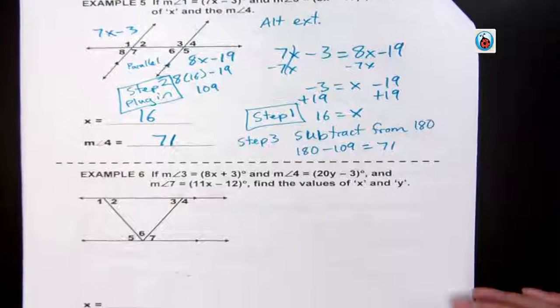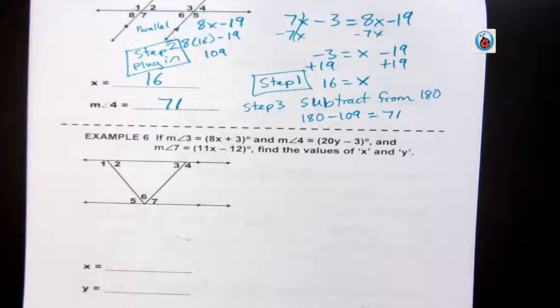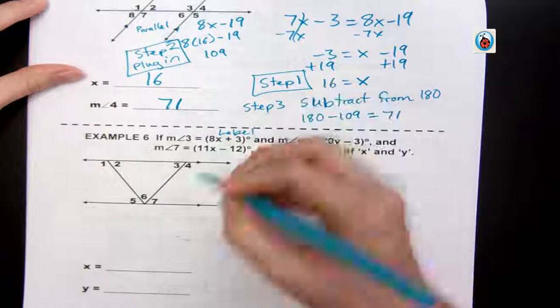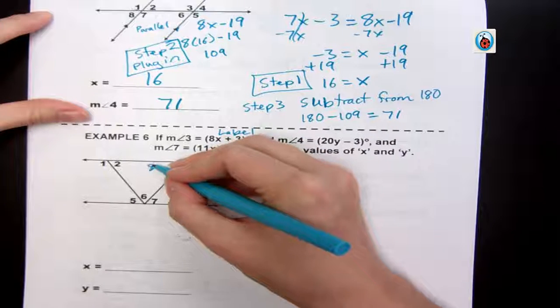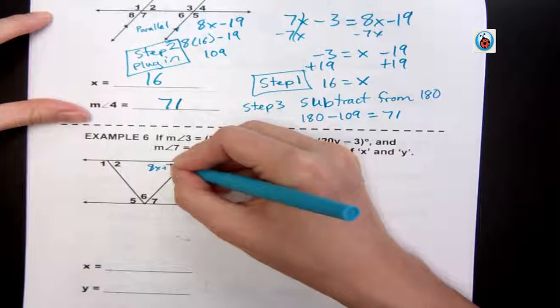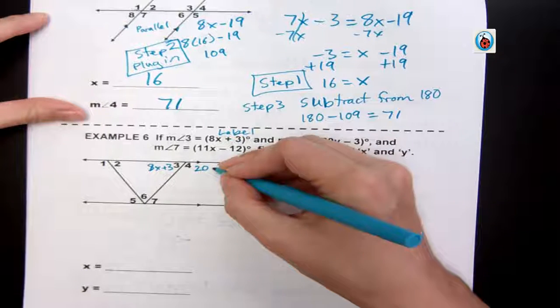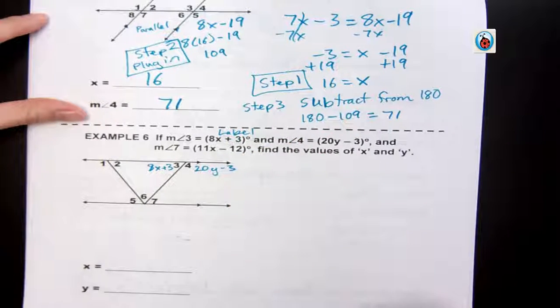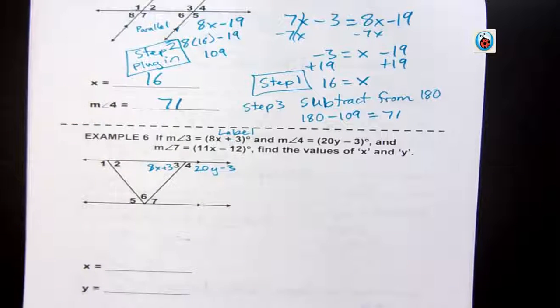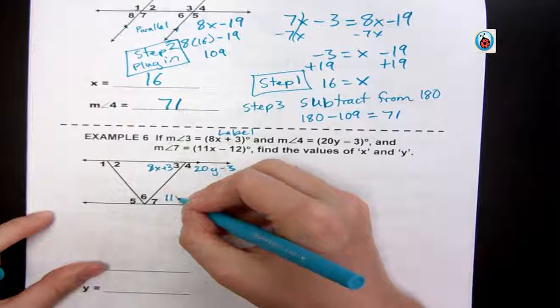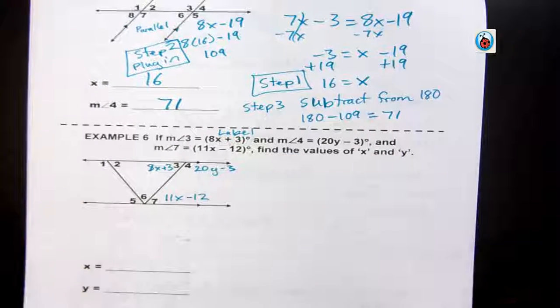Alright, last one. This one is almost the same thing, but they gave us a few more numbers here. So first, label. And so angle 3, 8x plus 3. Angle 4 is 20y minus 3. Angle 7 is 11x minus 12.